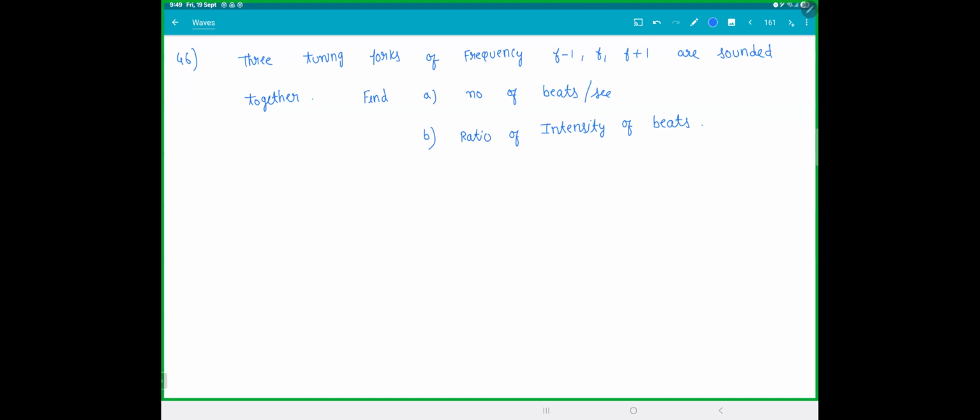So let me give you an idea how the equations will look. Start from here. Let the equations be y1 is equal to a sin(kx minus 2π(f minus 1)t).